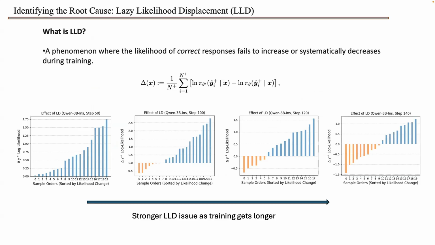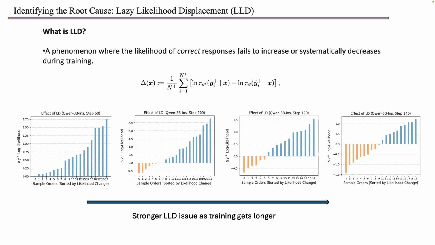Let's take a closer look. We measure this metric: after one step update, how does the likelihood of the correct response change during training? You can see from the figure that in the earlier training it's okay. For most samples, the correct response likelihood is increased, not decreased. But later, there are more and more samples whose likelihood is decreasing.